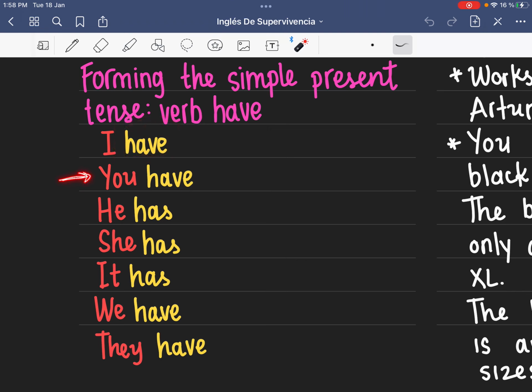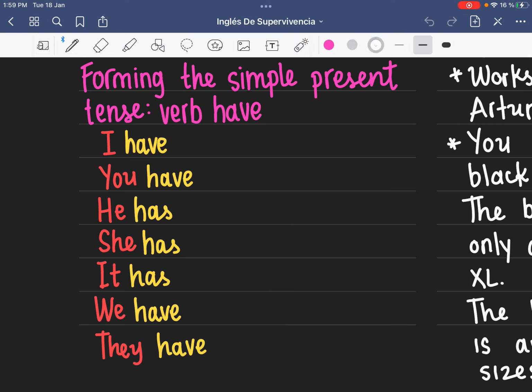You, second person singular. Tú, segunda persona singular. Have. So if I ever want to use second person singular, I will use the verb have in present simple in this form. Entonces, si en cualquier momento quiero usar el verbo have con segunda persona singular, debo usarlo de esta forma, igualito a como lo vemos aquí.